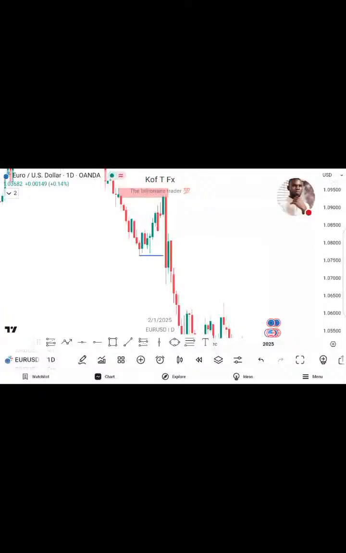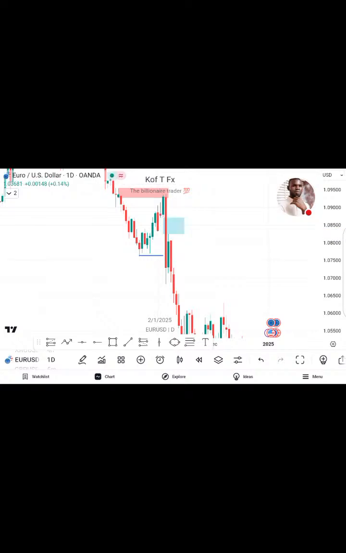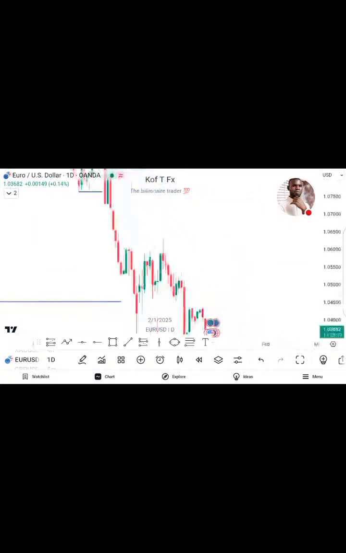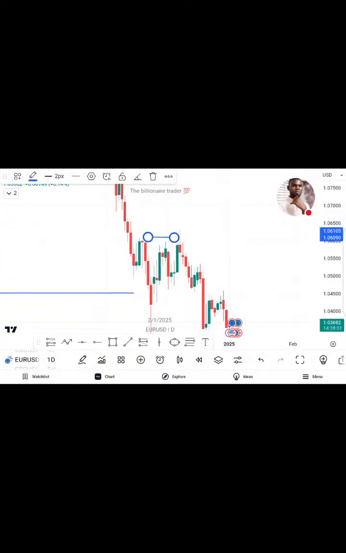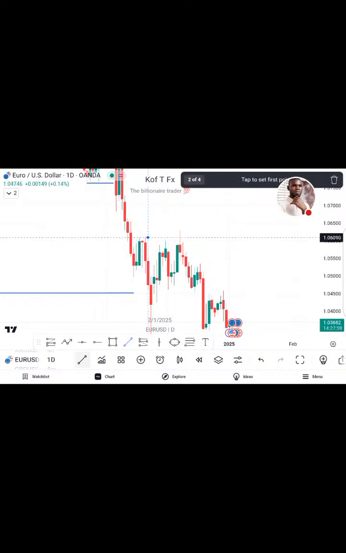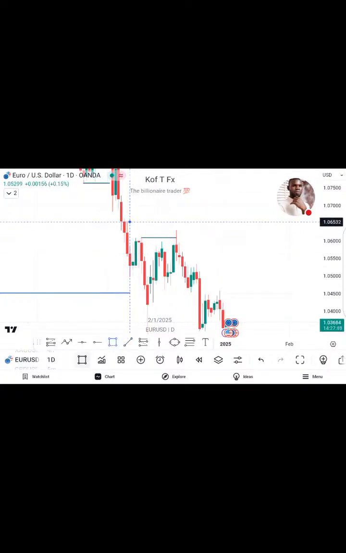Above this high, there's an FVG here between here and there. We have this FVG, and here too, we have this liquidity being taken out, a liquidity grab here, and we have this mitigation as well.